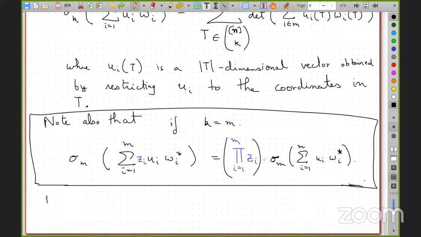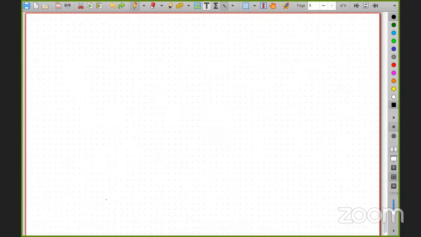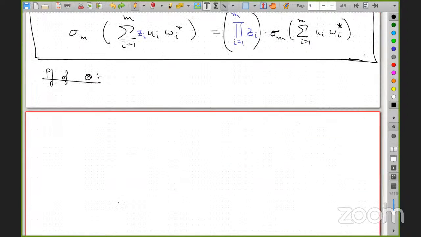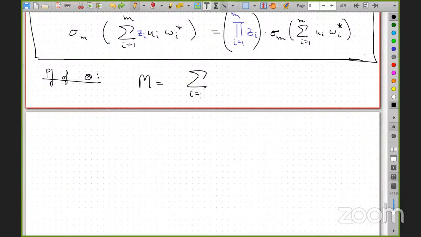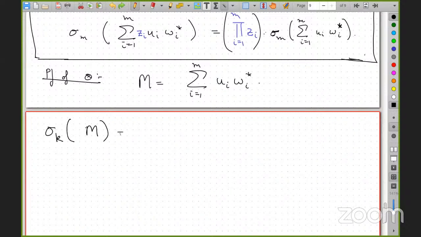So the proof of this star: we just use the definition. Let us call this capital M to be the sum of u_i w_i star. Then sigma k of M is by definition the summation over subsets of size k, and the determinant of.